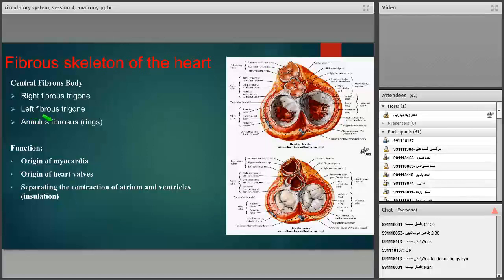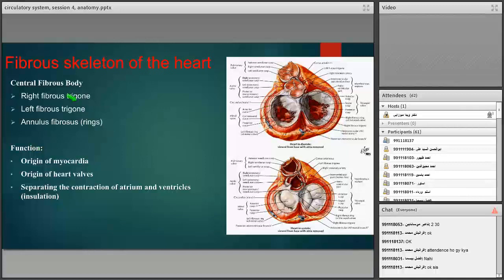So we have 4 annulus fibrosus rings around the tricuspid, mitral, aortic, and pulmonary trunk valves. The 2 rings around the tricuspid and mitral valves are much stronger than the others.